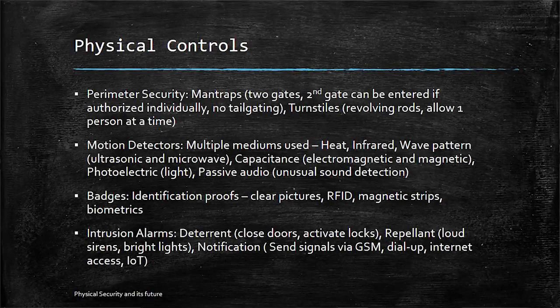You also look at badges, another physical control, where you look at identification proof with a clear picture, right? You may use an RFID badge, you may use a magnetic stripe, you may use a biometric. Any of these combinations could be embedded with the badge, so that you are able to get information untouched.